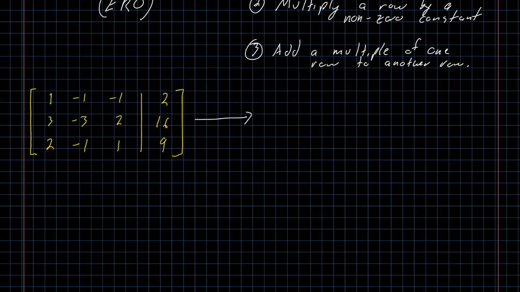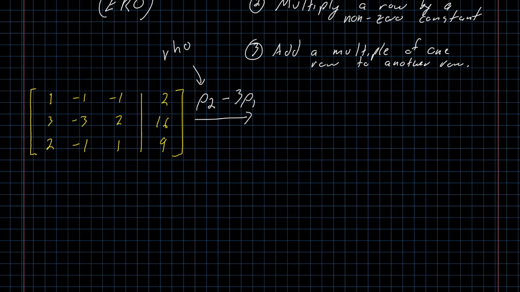Thinking back, if you remember what I did when I was solving the system of equations, I multiplied the first equation by 3 and subtracted it from the second. I multiplied the first equation by 2 and I subtracted it from the third. The notation for describing what we're going to do with that is like this. We're going to draw an arrow, and I'm going to use a cute pun, using the Greek letter rho.